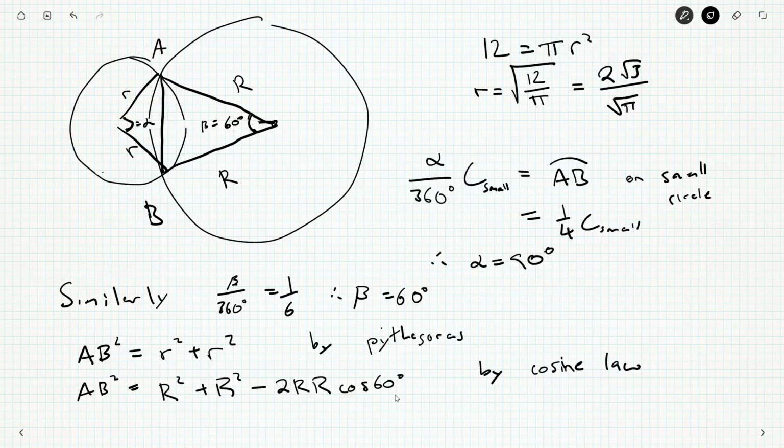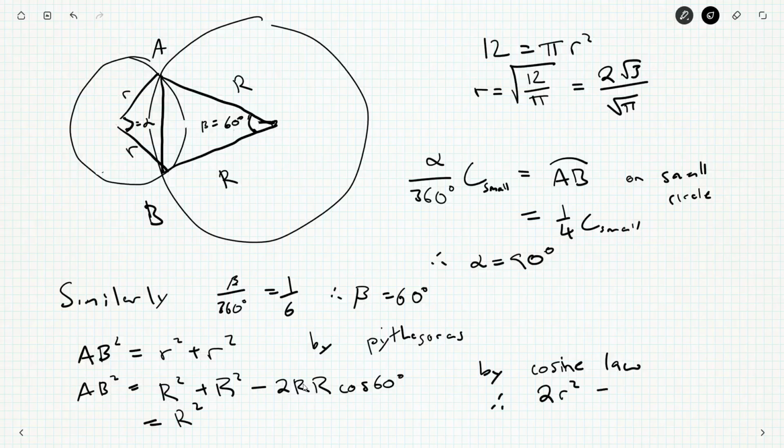Cosine of 60 degrees is something. I'm trying to remember what. I think it's 1/2. Yes, cosine will be the smaller one there. So it's 1/2, so AB squared is just R squared plus R squared minus the 2 and the half will cancel out, so minus R squared. So it'll just be R squared.